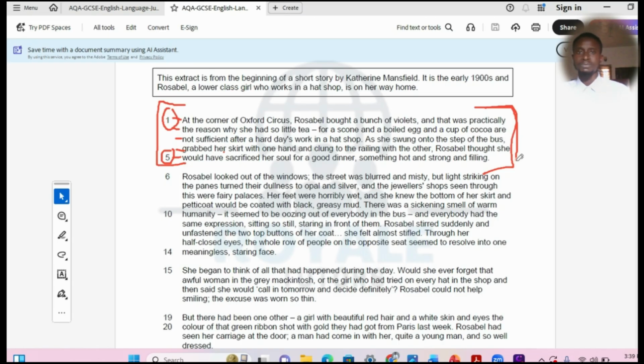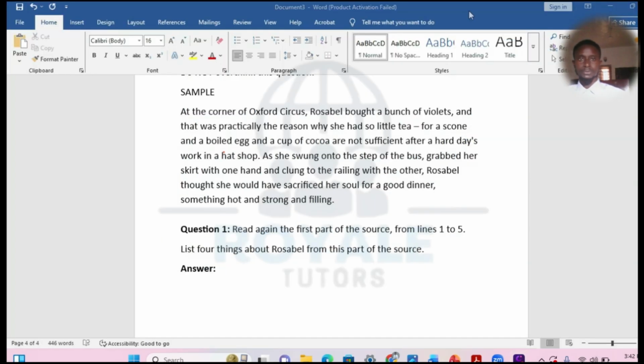Now, I want us to make this very easy, so I'm just going to copy this text out and put it on a different paper so that we can look at it at the same time, right? All right, here it is. So the question says, list 4 things about Rosabel from this part of the source.